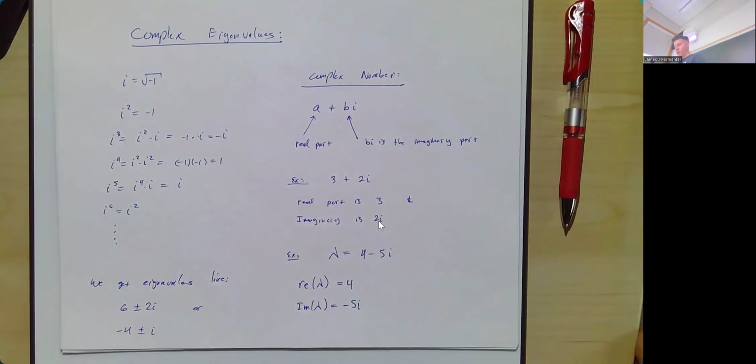There's always going to be a real part plus or minus the same imaginary part. So that's going to be your 2 eigenvalues. 4 plus 2i and 4 minus 2i. Or negative 4 plus i and negative 4 minus i. I said 4, I wrote 6, sorry. 6 plus 2i, 6 minus 2i. They're always going to come in pairs like this because they're always coming from the quadratic formula. We get that plus or minus situation happening.